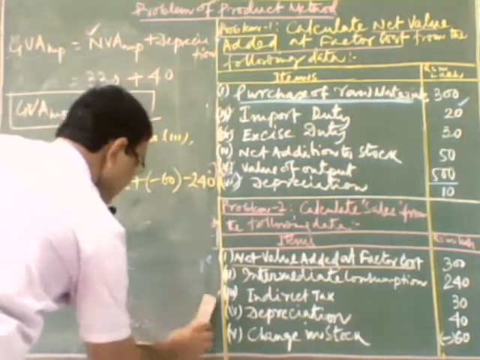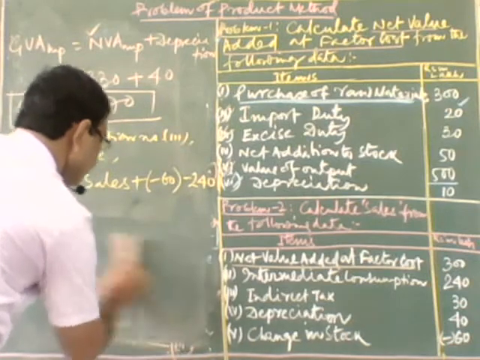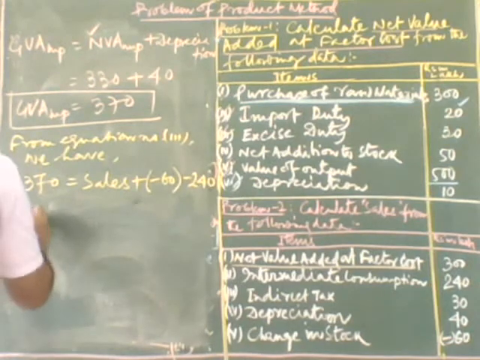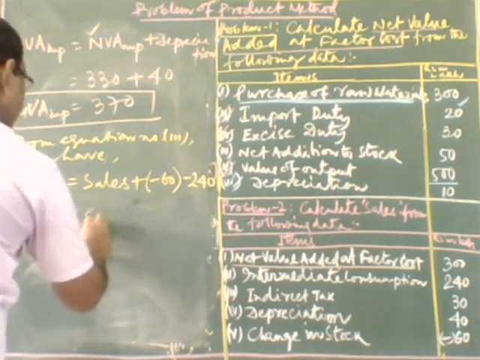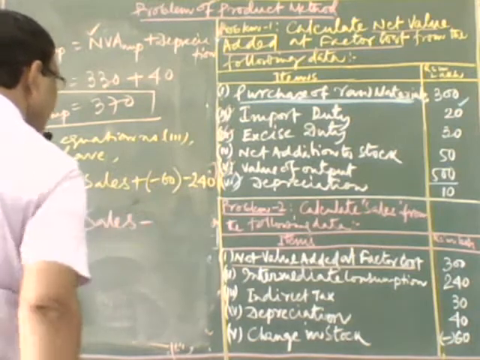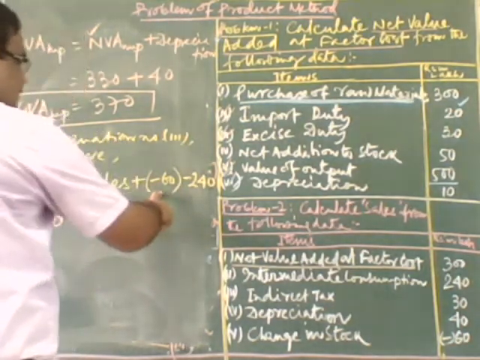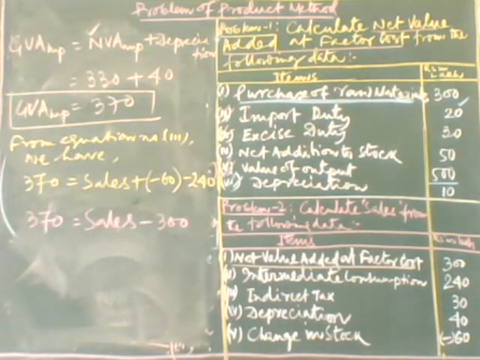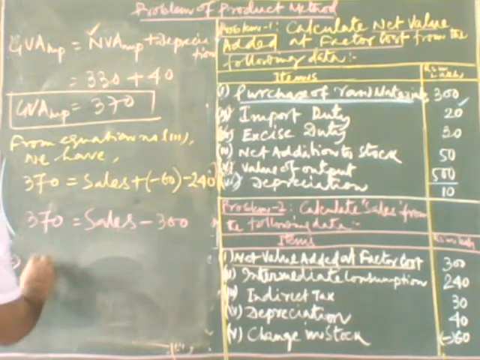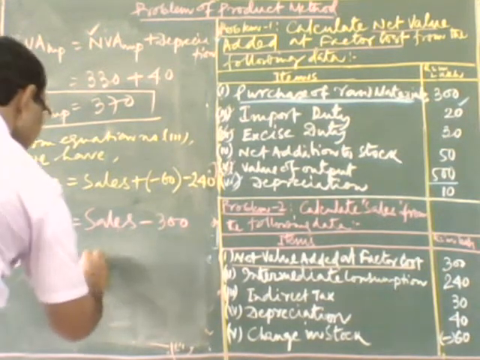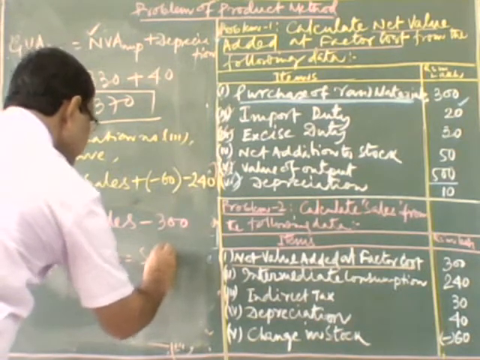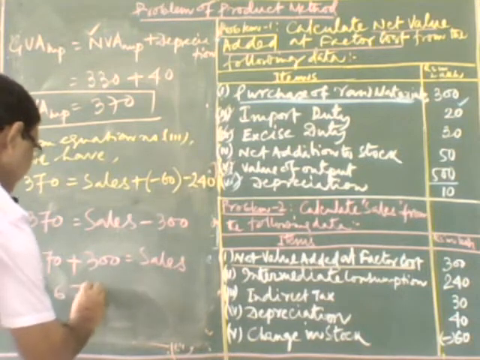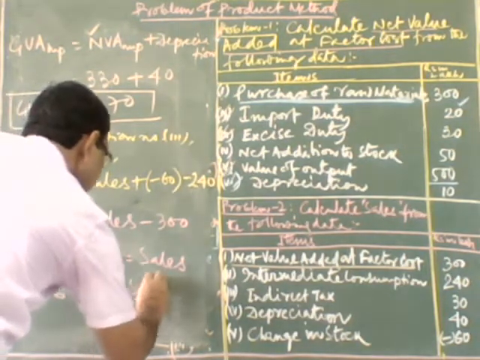Therefore, 370 is equal to what? Sales minus 60 minus 240, that value is minus 300. This implies 370 plus 300 is equal to sales. That value is 670 is equal to sales.